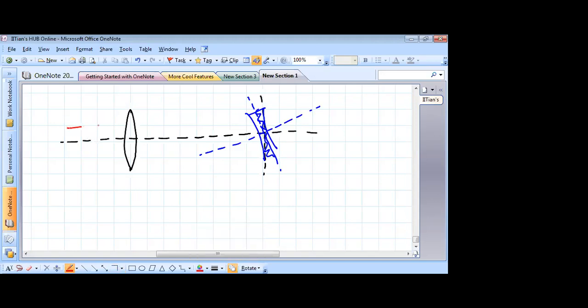So light incident like this is producing your first image somewhere here, and that light going further like this is diverging such that when you produce this back, it's giving you your final image somewhere.